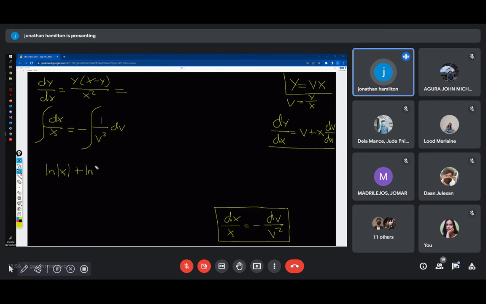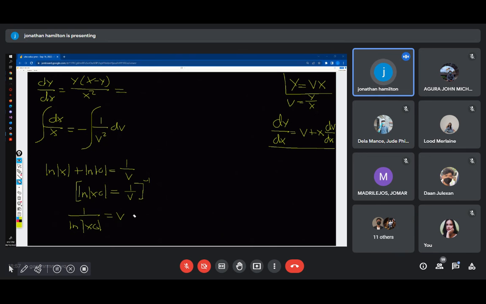So then we could say this is plus ln of c is equal to, let me double check the integral here, 1 over v. So since this is 1 over v, we can simplify this: ln of xc is equal to 1 over v. Invert both sides. We're left with 1 over ln of xc is equal to v.